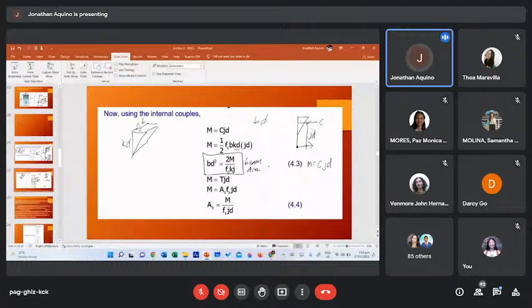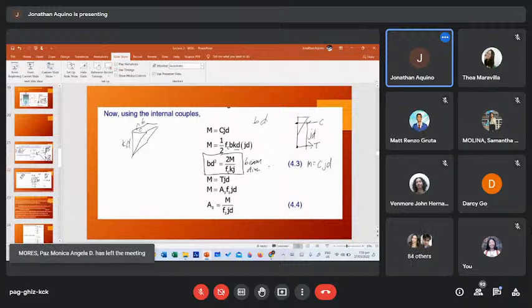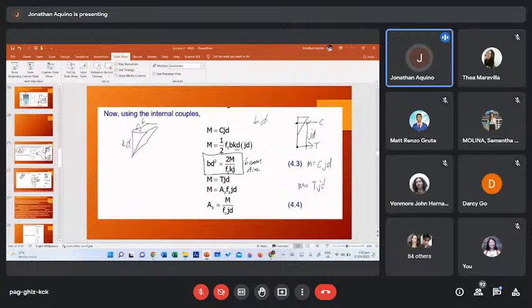Then for AS, so considering, okay, so take a moment about central compression. So moment T, M is equal to T times JD, but T is equal to AS times FS. So M is AS, FS times JD. Just simply factoring out AS, yung unknown natin.